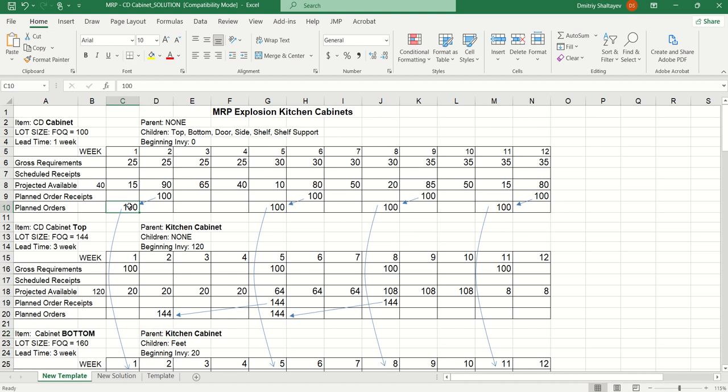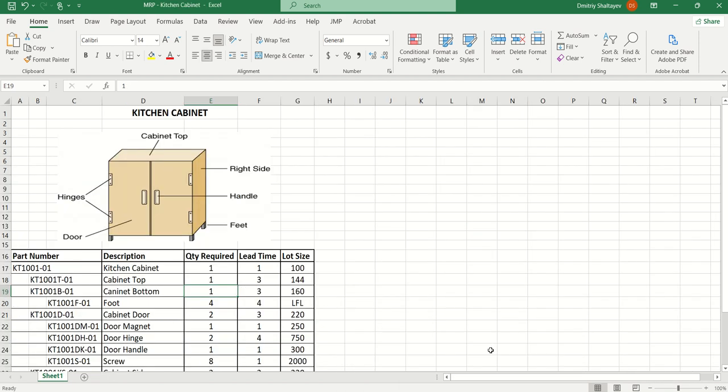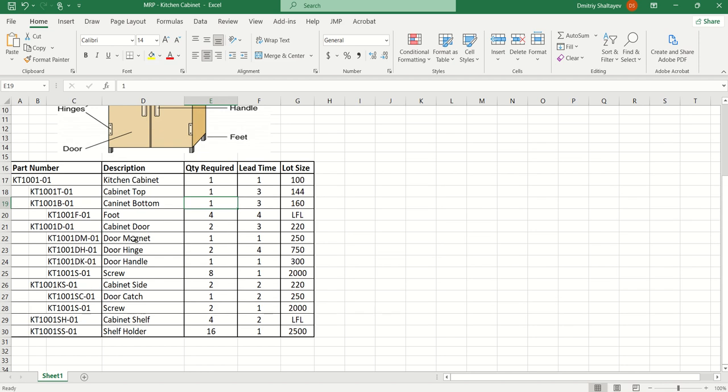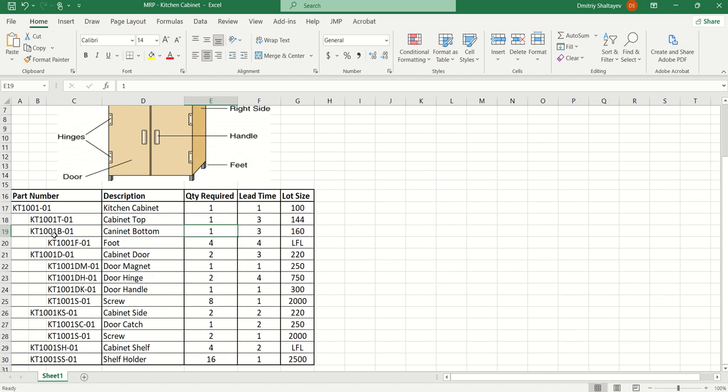So we're starting 100 cabinets on weeks 1, 5, 8, and 11, according to our previously filled MRP record. Moreover, according to my bill of materials, 1 unit of the kitchen cabinet requires, quantity required, 1 unit of the bottoms. Now it makes sense, right? 1 cabinet, 1 bottom. So it's 1 for 1.